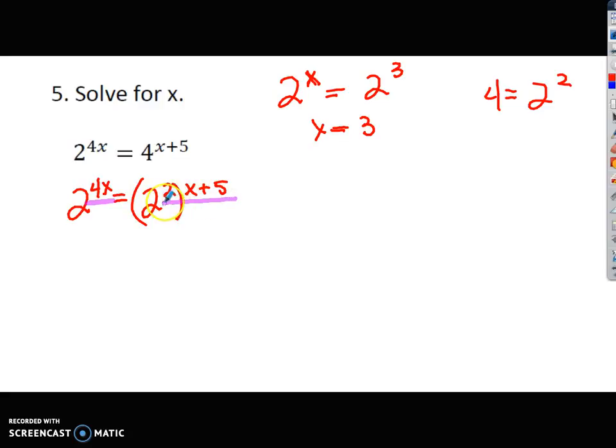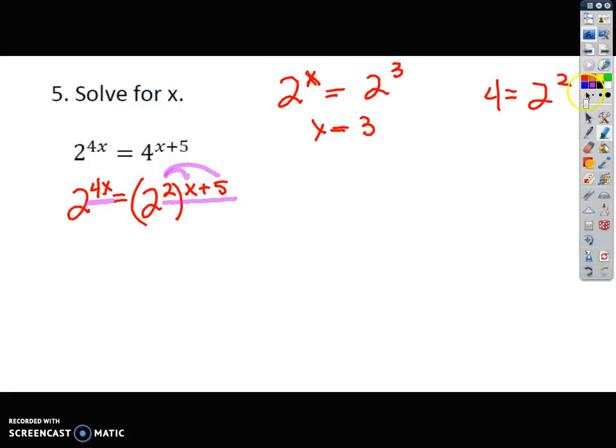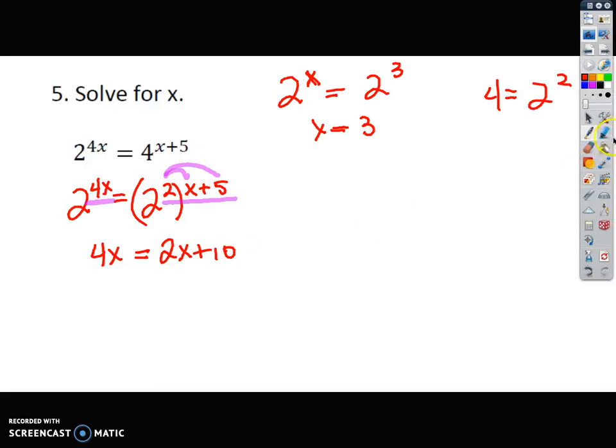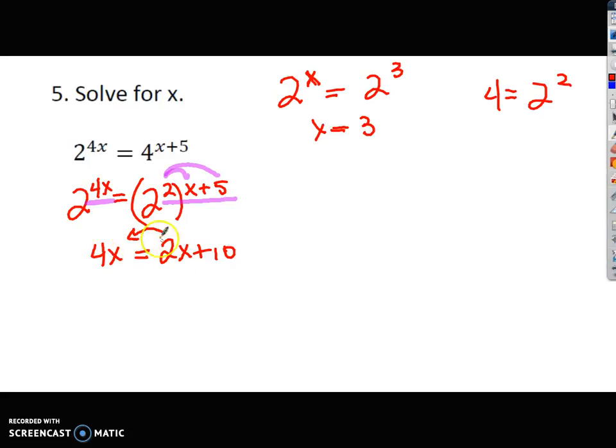The rule here is a power raised to another power: these powers are multiplied. So this is 4x on the left is equal to 2 times x, which is 2x, and then 2 times 5, which is plus 10. If we move the 2x over, that's minus 2x. 4x minus 2x is just 2x. It is equal to 10. Divide both sides by 2. x is equal to 5.